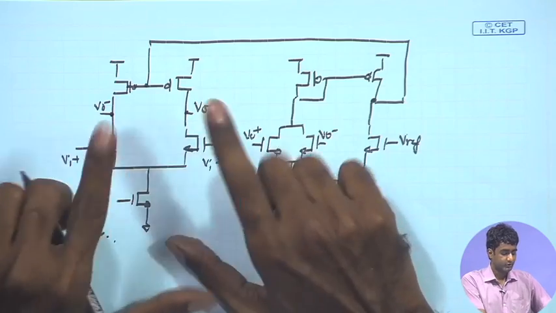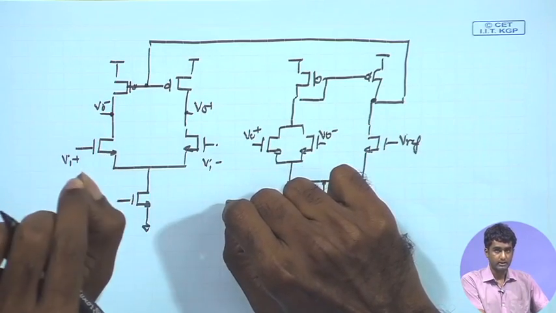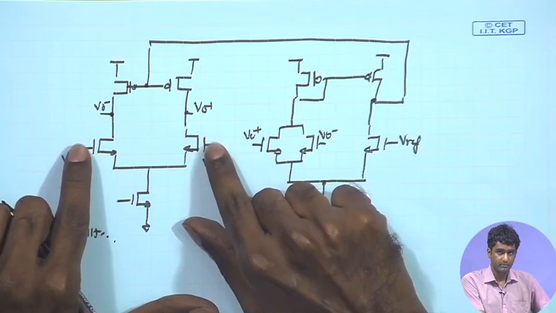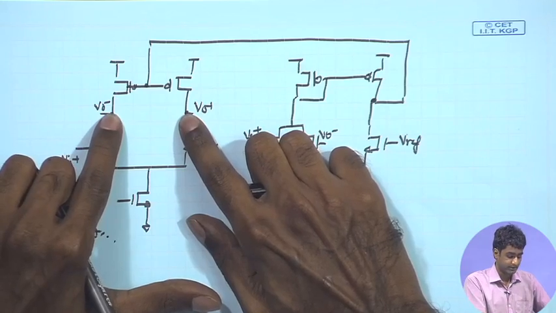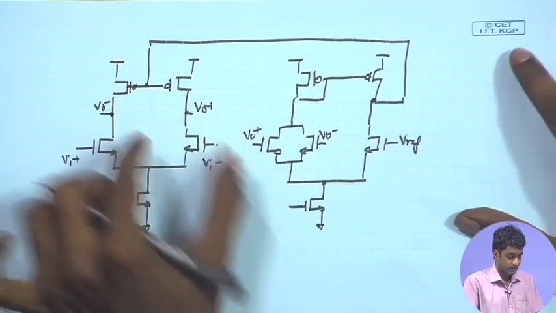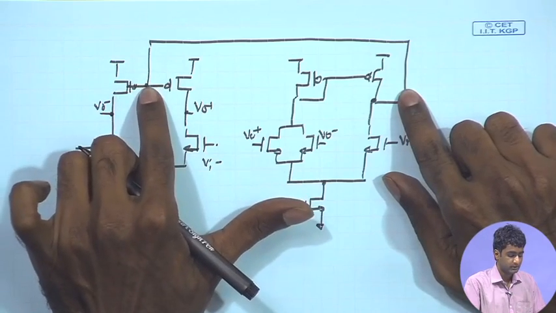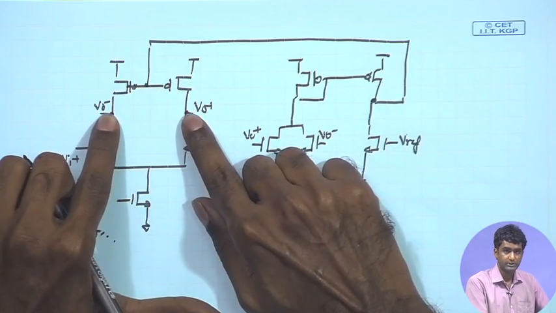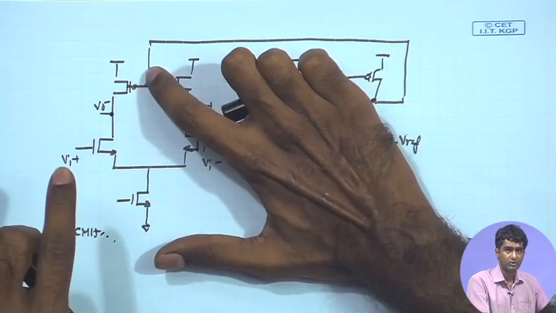So, for the common mode half circuit, especially if you are talking about only the DC bias point, assume that we have a common DC level applied at both the inputs. As a result, both the drain potentials are also at the common DC point, and any signal appearing at this point is going to appear at the gate of both these PMOS transistors, and as a result both these drain potentials will also change in the same fashion because of any signal appearing over here.